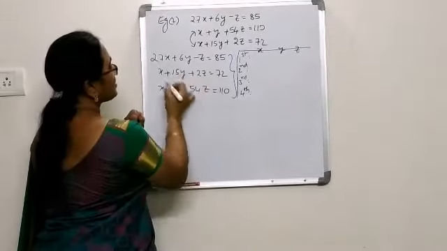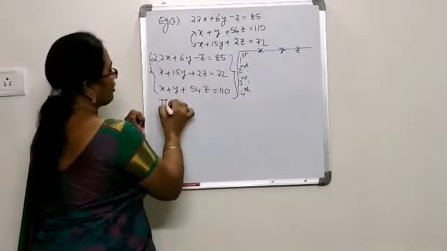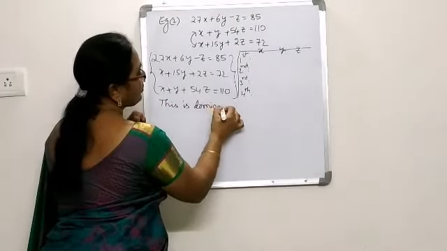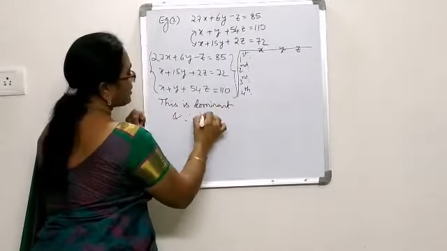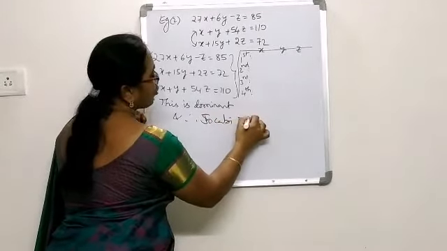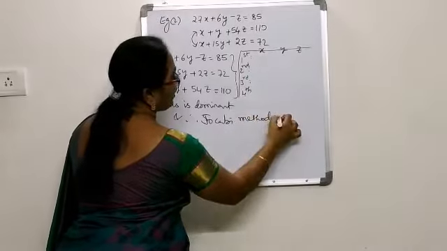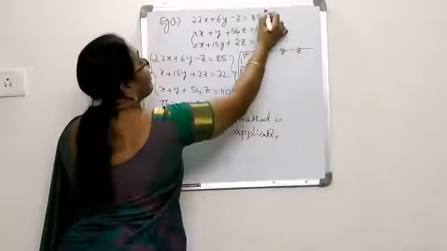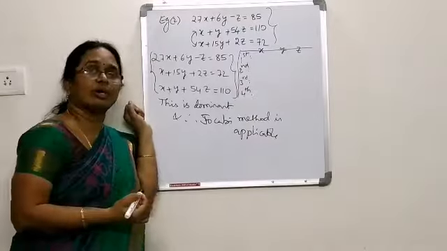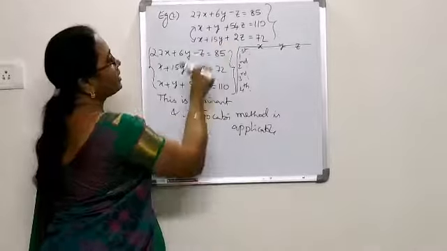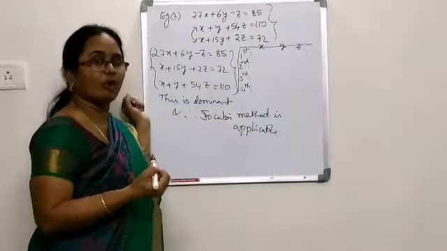Now this system is called the dominant system. This is now dominant and therefore the Jacobi method is applicable for solving this. So what happened in this problem? The given system as it is not a dominant system, whereas when we interchange the second and third equations, it became dominant.